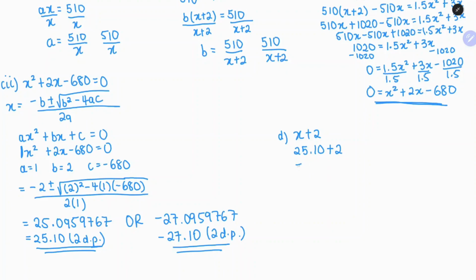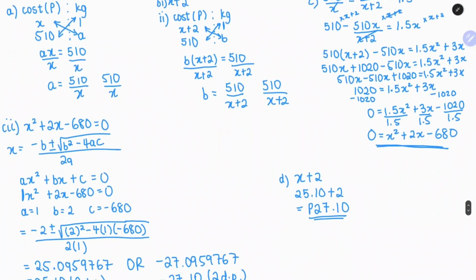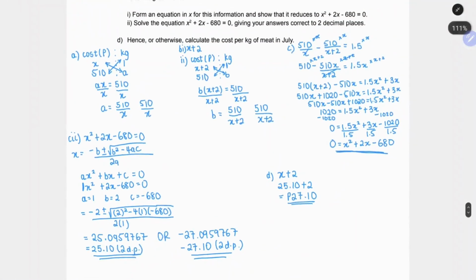Remember that. Which is going to become 25.10 plus 2, which is going to be 27.10. So it costs 27 pula 10 thebe now in the month of July. And then that's it.